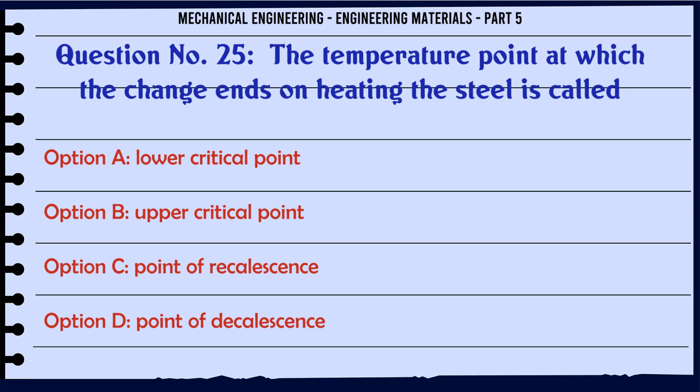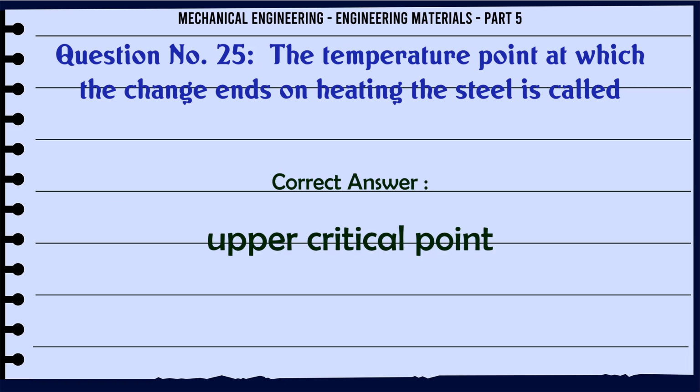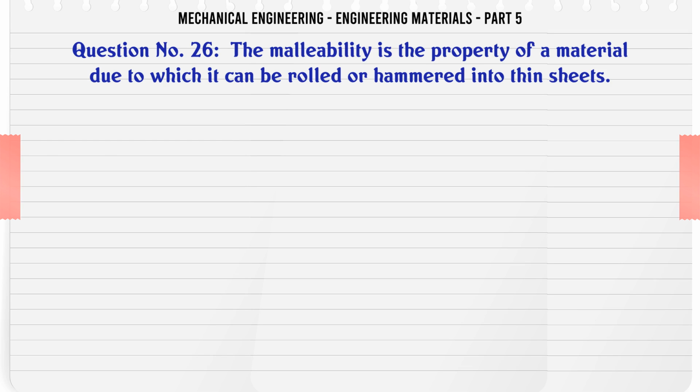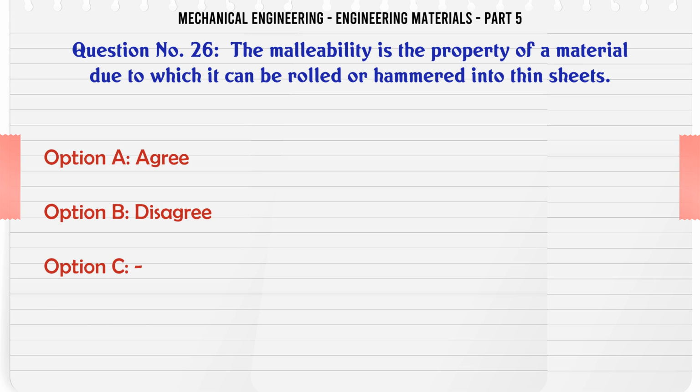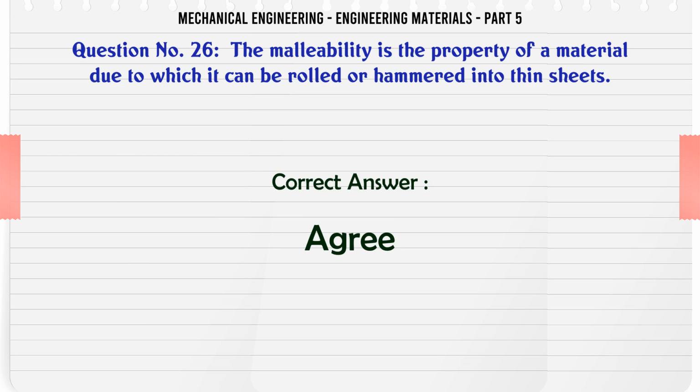C. Point of recoalescence. D. Point of decoalescence. The correct answer is upper critical point. The malleability is the property of a material due to which it can be rolled or hammered into thin sheets. A. Agree. B. Disagree. The correct answer is agree.